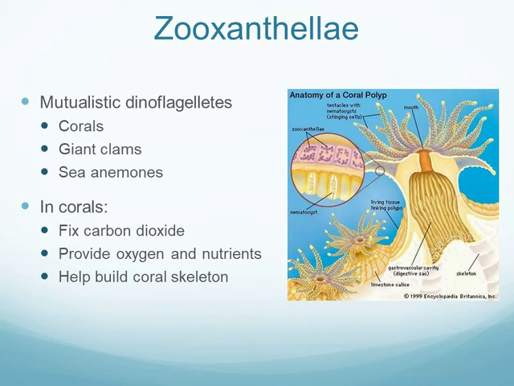So it's an advantageous partnership because the zooxanthellae get carbon dioxide from the polyp, and the polyp then gets oxygen and nutrients. And so both of them are getting exactly what they need in order to survive. All right.